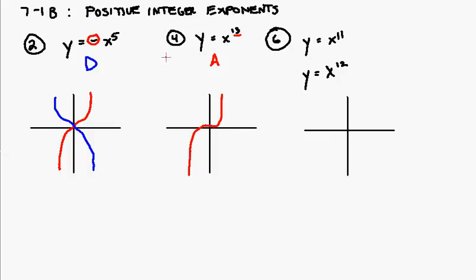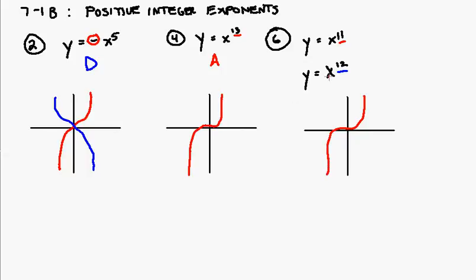Okay, and then number 6, I'd ask you to take a look at this. So we have an odd function. We'll make that red, and then we have an even function. We're going to make that blue. So looking first at the odd one, x to the 11th. You know that that's going to be fairly flat, coming in like so, and then coming down like this.